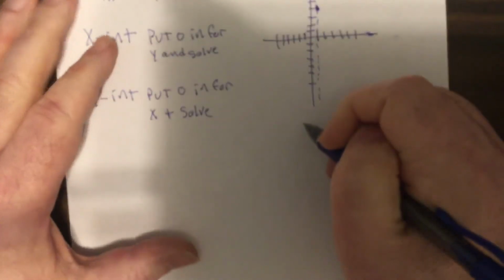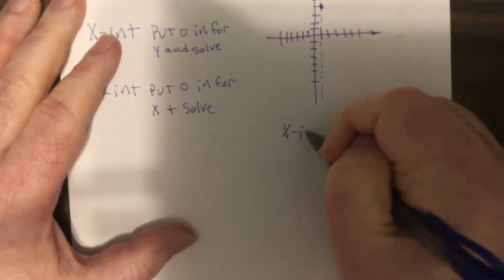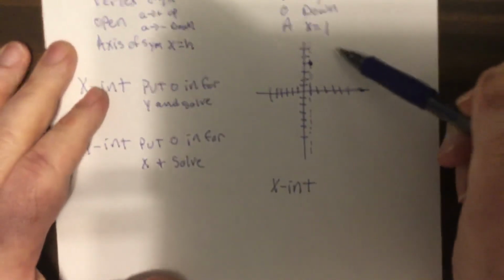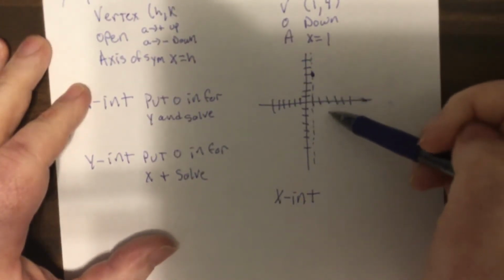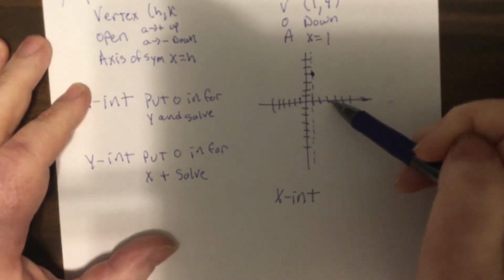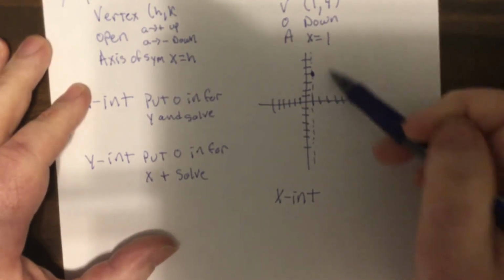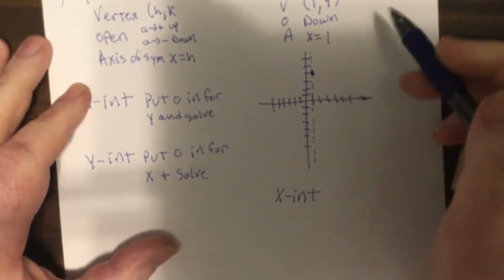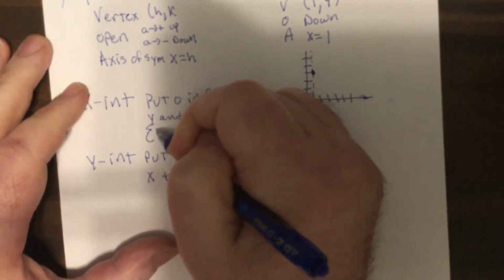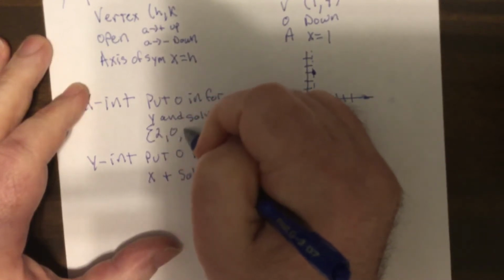So, X-intercept. Now, for the X-intercept, you're either going to have 2 of them, you're going to have one where the vertex is right on, or you're going to have none if it opens below or opens above. So you're going to have 2, 1, or 0 of them.